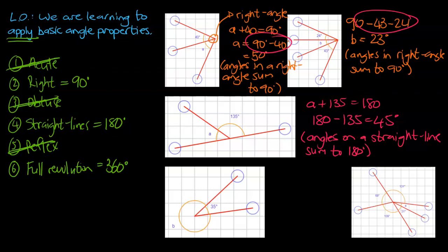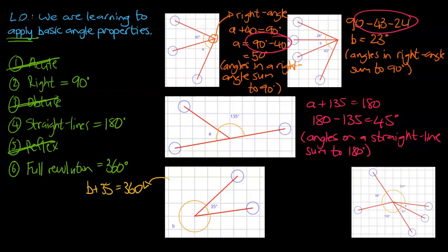And the final questions we're looking at relate to circles. We can see the circle part there, and we can see the circle part in the next question as well. The thing we know about circles is that in a full revolution, or in a circle, there's going to be 360 degrees. Working on this side first, I know that B plus 35 degrees should come to 360 degrees.